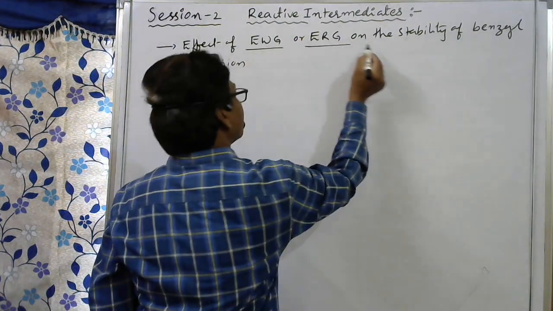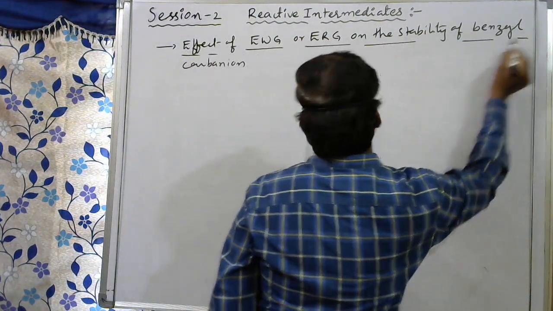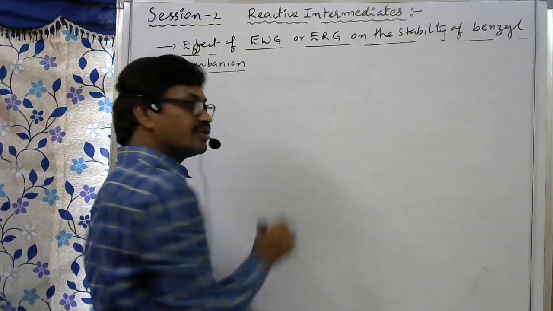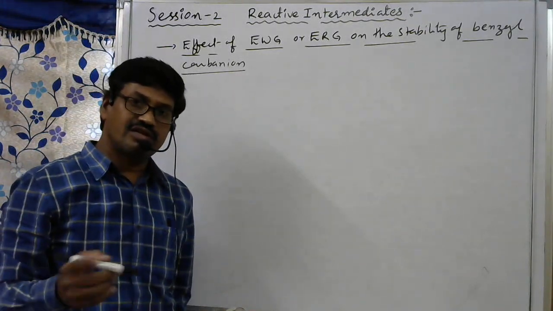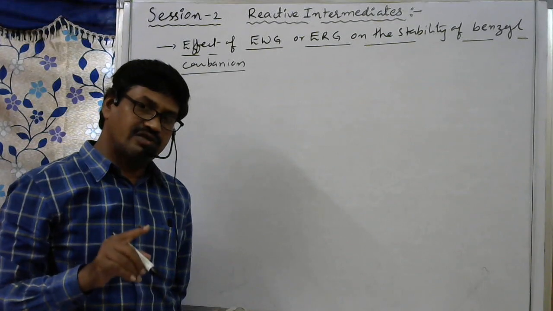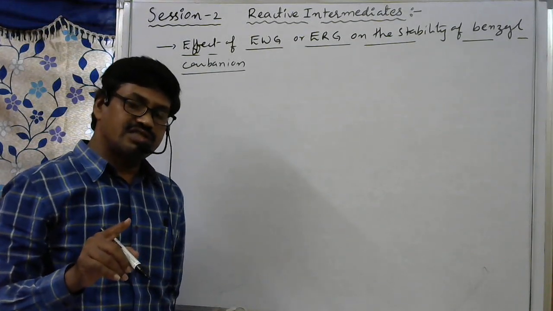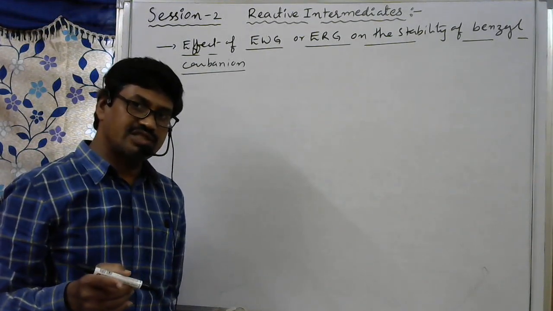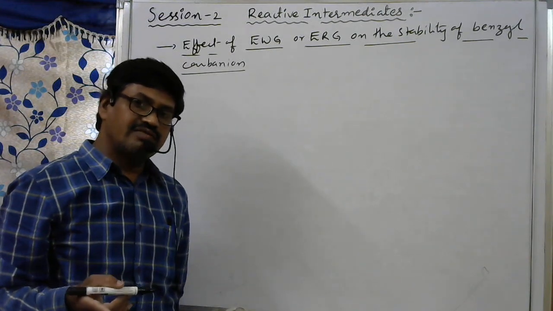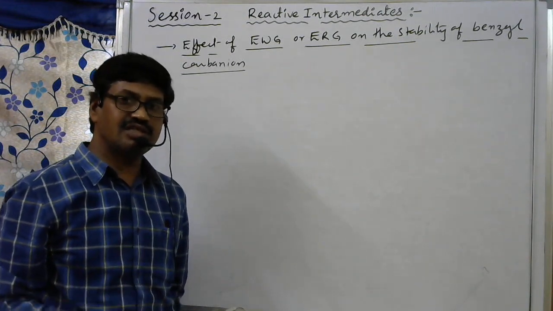So when electron withdrawing groups are present, what happens? Electron density increases or decreases? Whenever the electron density, otherwise negative charge, which is present on the carbanion decreases, stability increases.